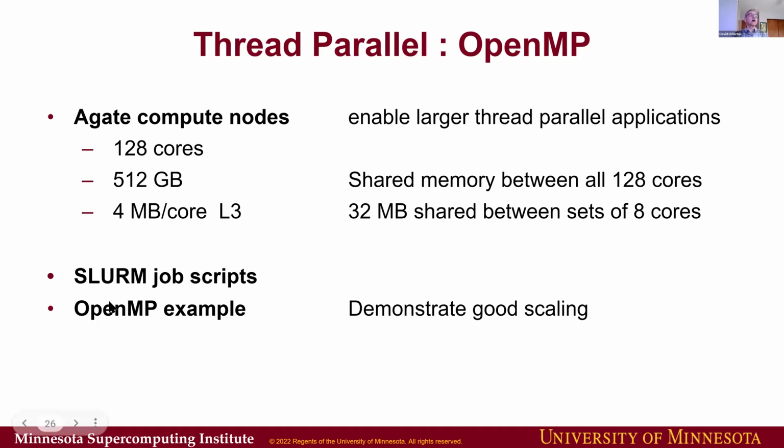So I'll be covering how you submit jobs that will support this kind of thread parallel application, and I'll give an example using OpenMP that demonstrates how you can get very good scaling on compute intensive kinds of applications.